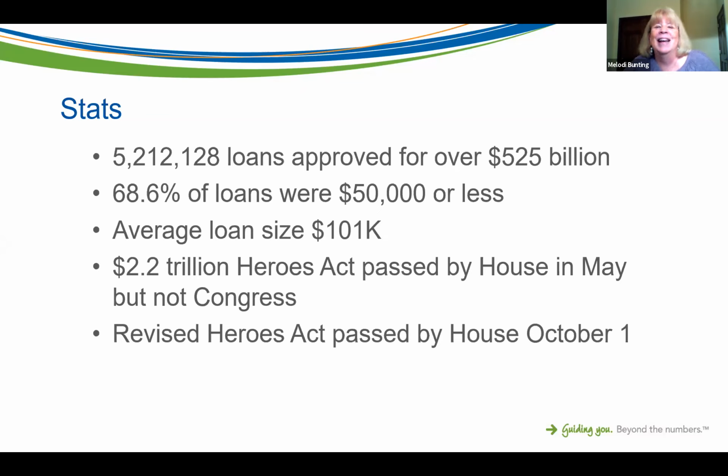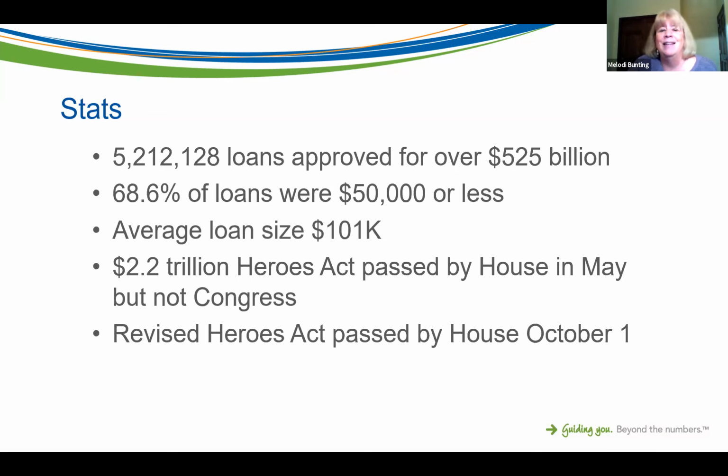Right now, here's where things have stood since the CARES Act. Way back in May, they started talking about a HEROES Act, and it was passed by the House, but never by the Congress. They revised it in October, and then it got stalled, obviously, in a lot of the election politics and partisan situations.